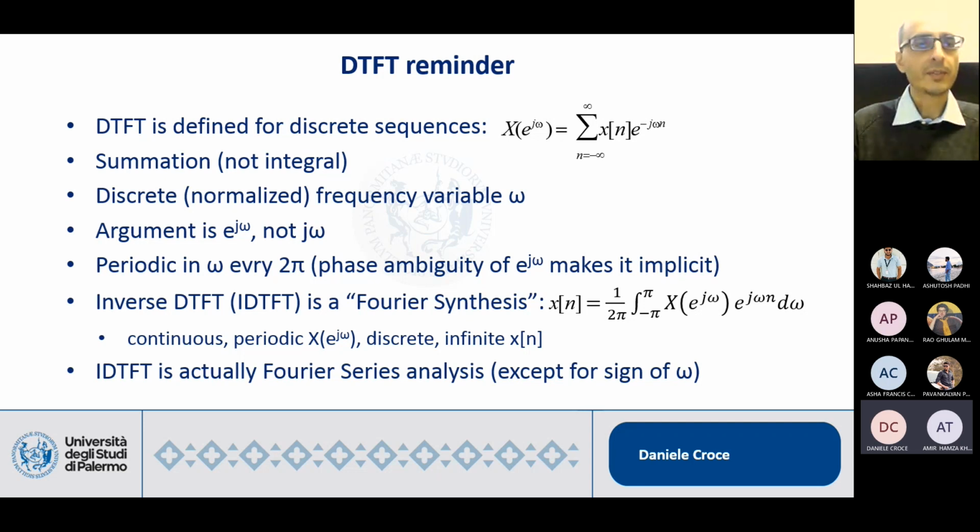The inverse discrete time Fourier transform is some sort of Fourier synthesis, and this time it's an integral, it's not a summation, because the DTFT is continuous. It's periodic, but it's a continuous function. So we have to do an integral, and the integral is, for example, here from minus pi to pi, normalized, divided by 2 pi, and it's the integral of the DTFT multiplied by e to the j omega n d omega.